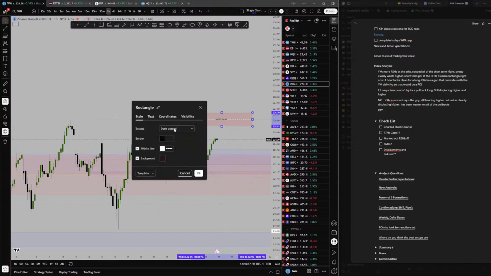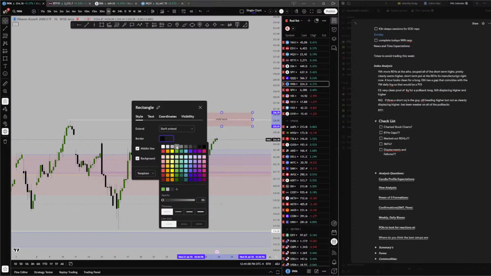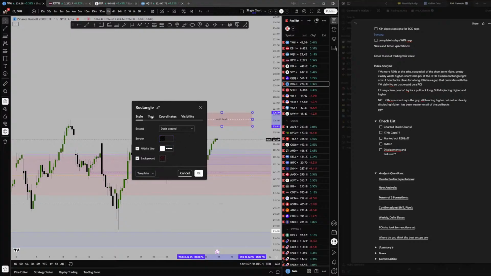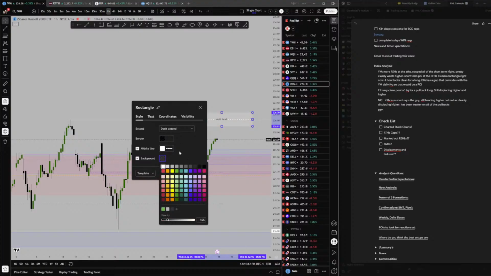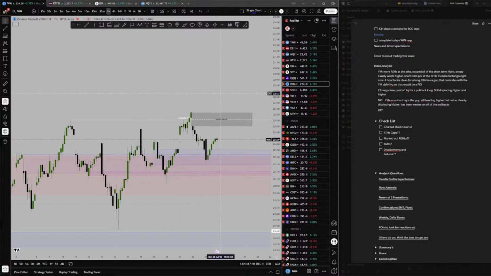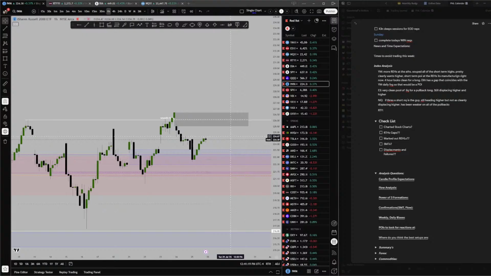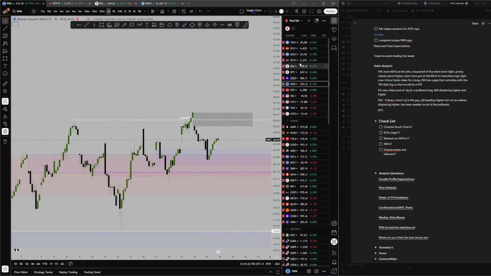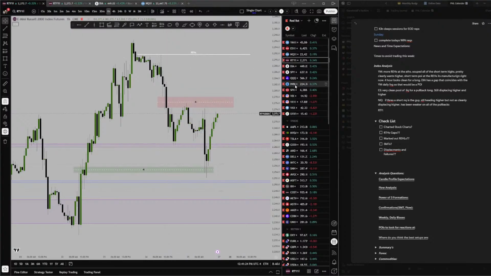Let's see if my old gap color works still. Oh, what's going on? Okay, that doesn't work anymore. We can do gray. So there's a gap here that lines up with this pool of liquidity. I'd imagine it would trade up into there, and then that might still be an area. So I think this will be a nice area.